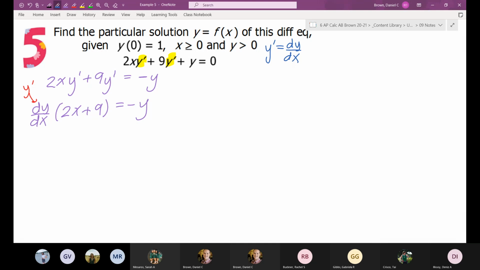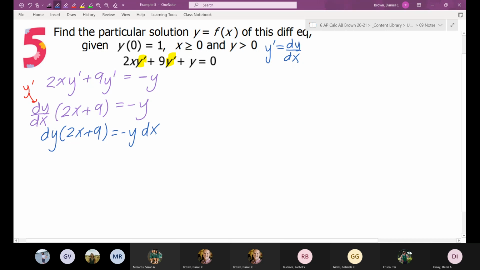And now we just want to think about separating the variables. Now for me personally, I like putting all of my y's on the left, x's on the right. So if I'm looking at this one, I might first multiply by the dx. And some of you could probably do this in one step instead of the two steps I'm doing it in. But when you multiply by the dx, that puts the dx on the other side.